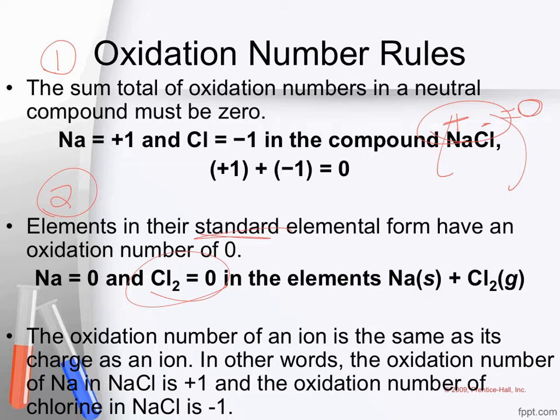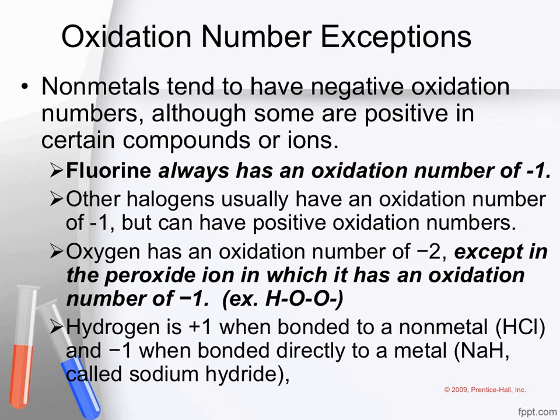And so this chlorine in this form would have an oxidation number of 0. Sodium would have an oxidation number of 0. Okay, the third rule is if you are dealing with an ion, the oxidation number of that ion is identical to its charge. So if we're talking about the sodium cation Na+1, its oxidation number is also +1.